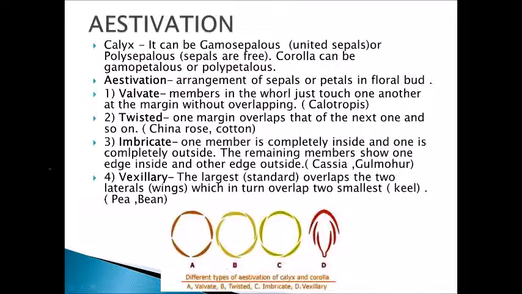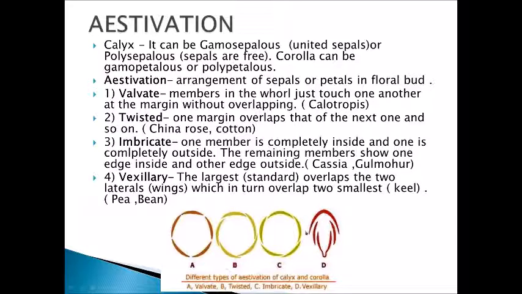The fourth type is called vexillary. In this, the one largest petal, which is called the standard, overlaps the two lateral wings. In this diagram, you can see the bigger one, the largest, is called the standard.